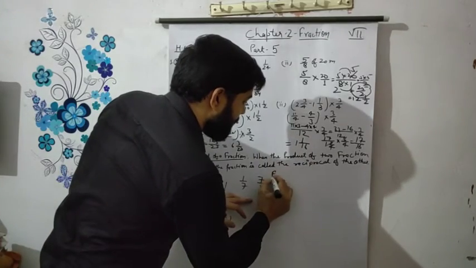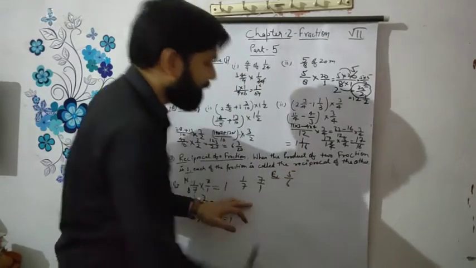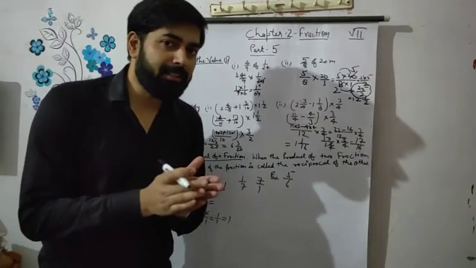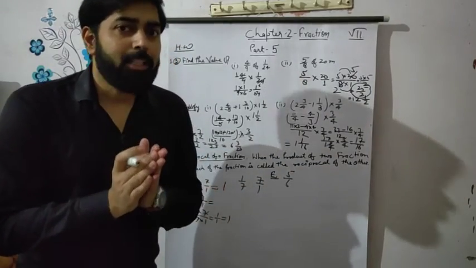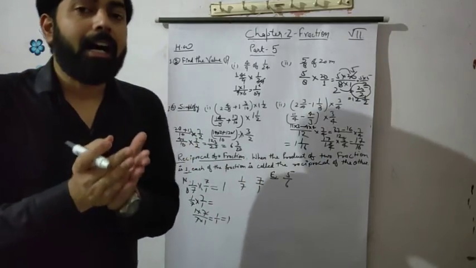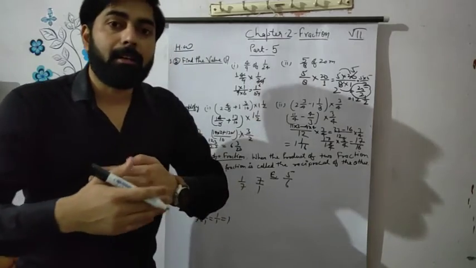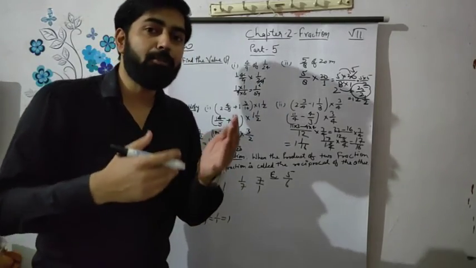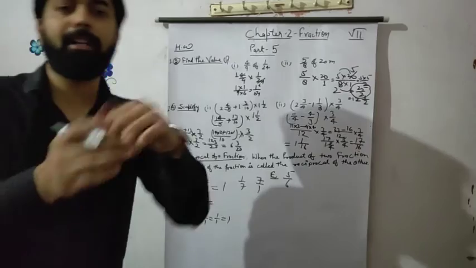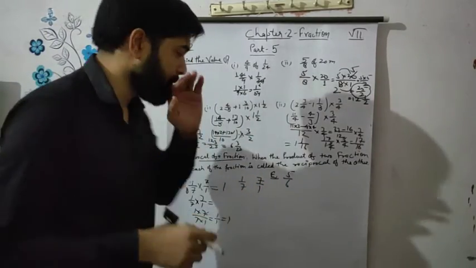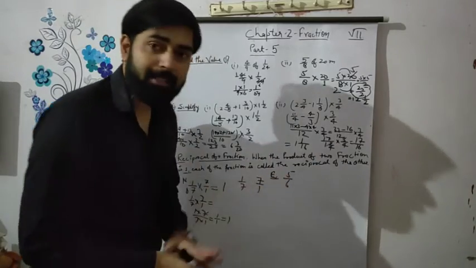Another example we have: 5 upon 6. What is the reciprocal of 5 upon 6? How do we find the reciprocal of the given fraction? When we interchange the numerator into the denominator and the denominator into the numerator, then we find the reciprocal of the given fraction. 5 upon 6.